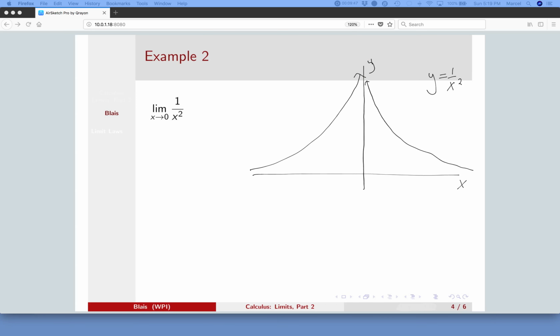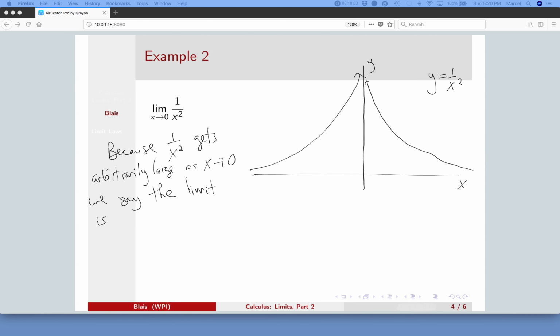The function is getting unboundedly large. And we say, in this case, because 1 over x squared gets arbitrarily large as x approaches 0, we say the limit is infinite.